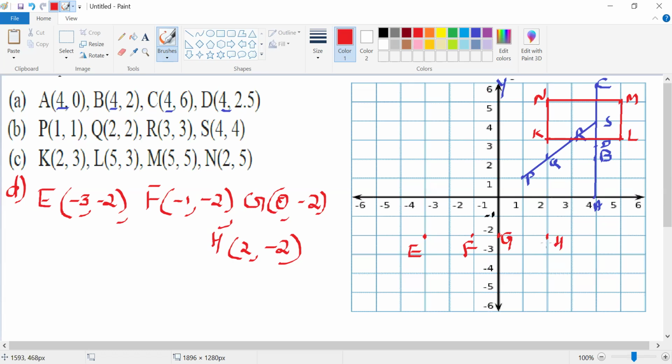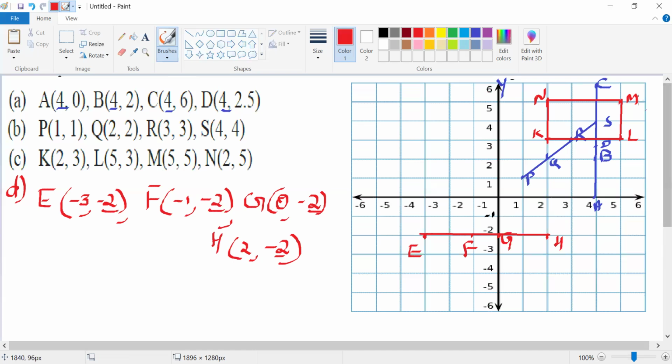Now let us join. What did you get? As I told you, we got a line parallel to the x-axis because here y is constant. So using this, we can plot the given points and we can say what shape we are getting.